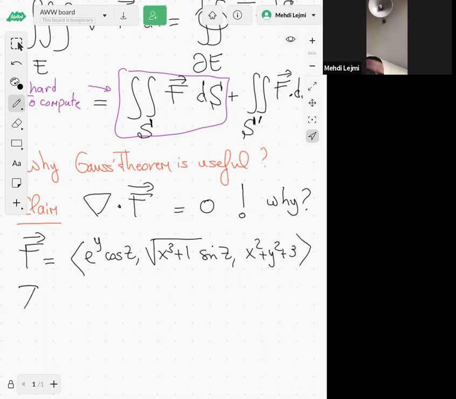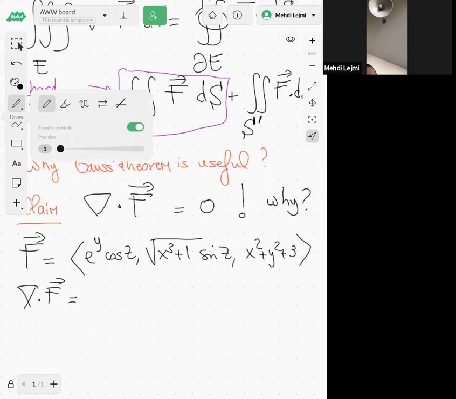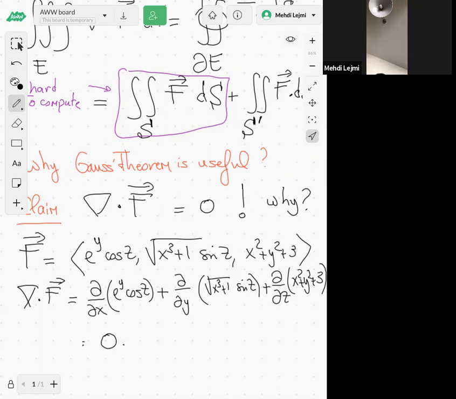So if you compute the divergence of F, that's why in this case Gauss theorem would be useful. Derivative with respect to x of e to the y cosine of z, plus derivative with respect to y of the square root of x cubed plus 1 times sine z, plus derivative with respect to z of x squared plus y squared plus 3. The divergence of this vector field is actually 0.